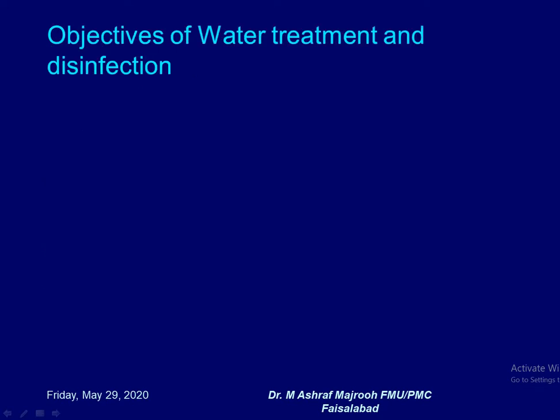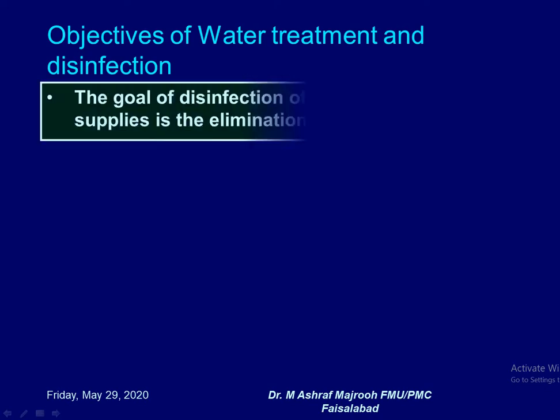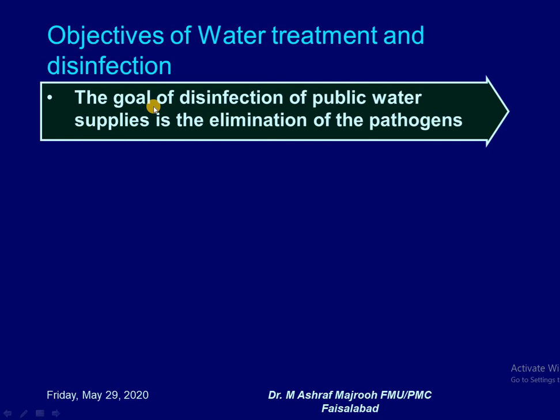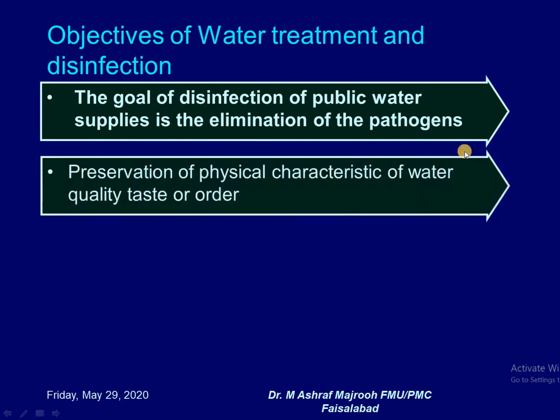The goal of disinfection of a public water supply is the elimination of pathogens. All types of pathogens should be eliminated, and this is the prime objective of water disinfection.